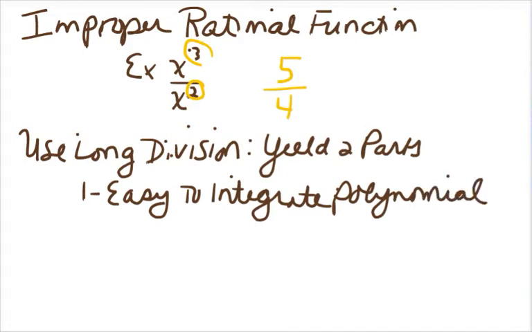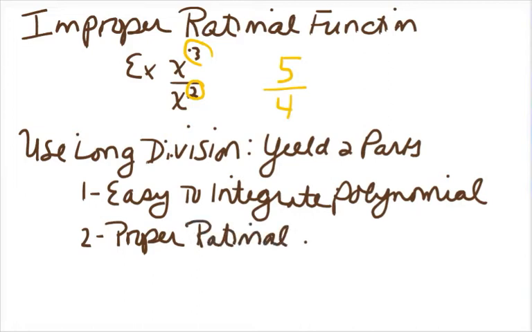And the second part is going to be, if it exists, a remainder, and it's going to be a proper rational function, in which you're going to use the partial fractions technique to decompose.